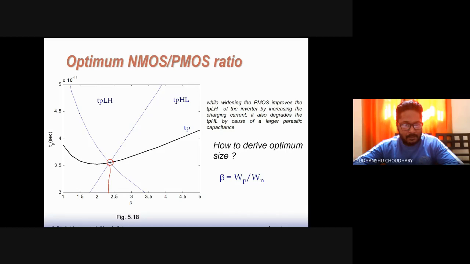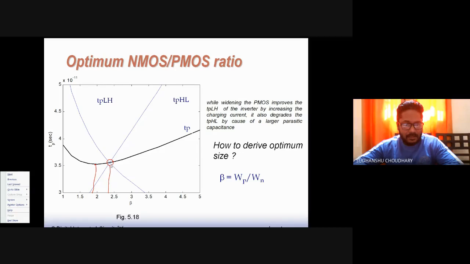However, the delay can be further reduced. At this point, the delay seems to be smaller than at the other point, but here you will not find a symmetrical VTC. So in cases where delay is more important, one can use a sizing of 1.9, that is, WP is 1.9 times bigger than WN.